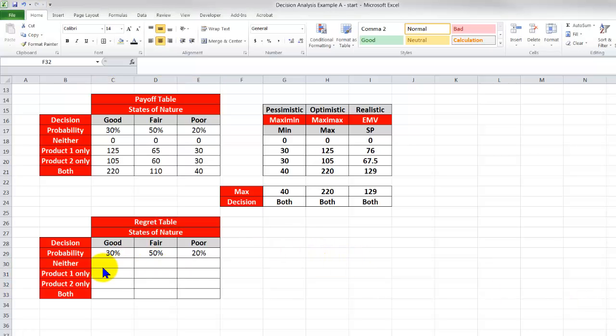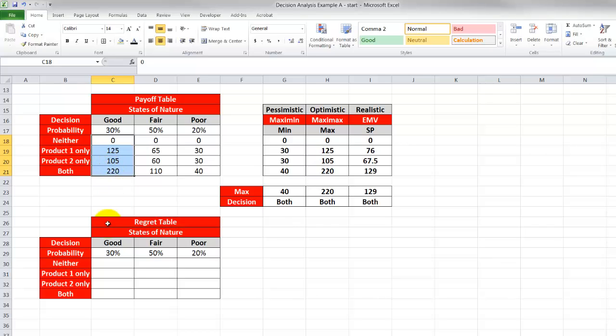Okay, so how would we calculate the regret of the good state of nature? The best outcome that we could have had if the state of nature happens to be good is the maximum value here. Well, the maximum value here is 220.